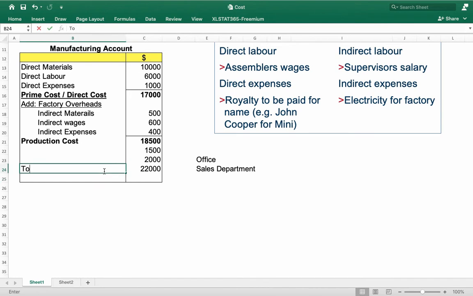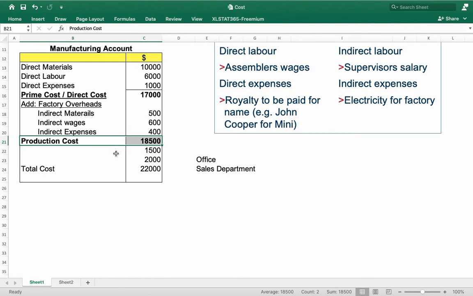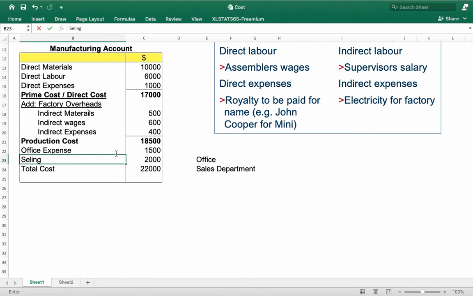Total cost of the business. Manufacturing cost is only this much. This is office expenses, and this is selling and distribution expenses.